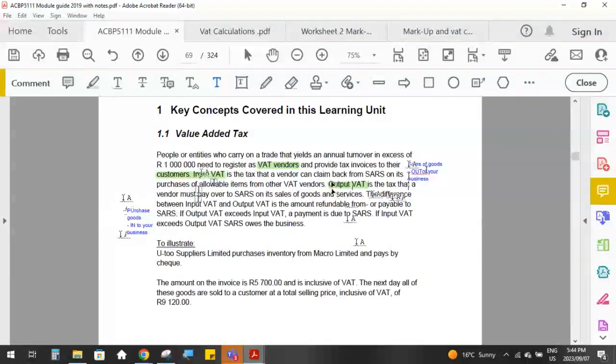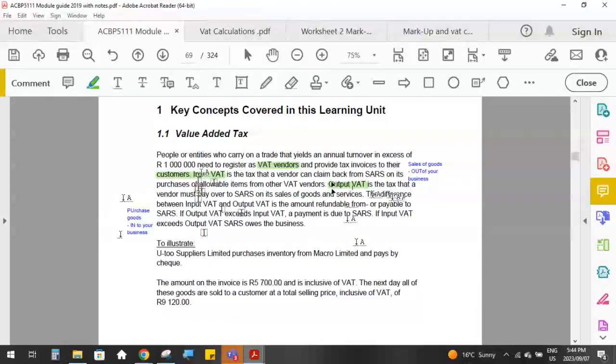So the output VAT is the VAT that the business has to collect from their customers and pay to SARS, and the input VAT that a VAT vendor pays to the suppliers that they've purchased from, they claim that VAT back from SARS.